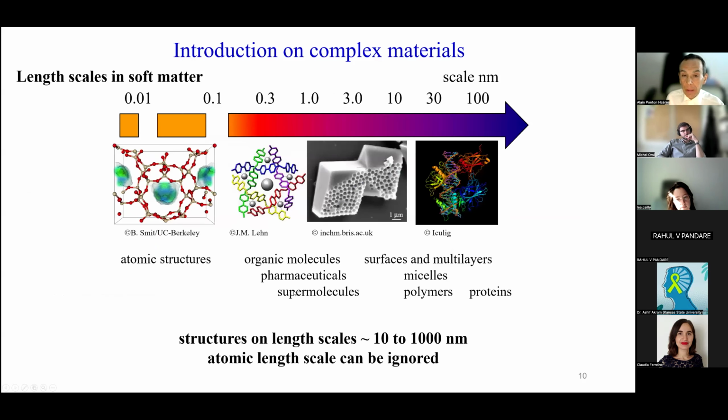So, in conclusion, with these few examples, materials issued from soft matter are characterized by a very large length scale. Typically, here you have the length scale in nanometers from atomic structure to macroscopic structure. Here you have the lengths involved in materials issued from soft matter, and in this case, atomic length can be ignored.